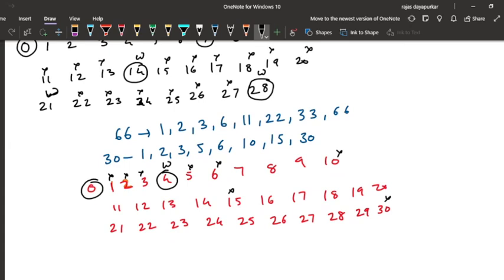So that's 20. 20 is a winning position according to the rule of multiples of 4. So 7 and 8 are losing positions? Yes. No, not 8. 7, okay. 8, we'll see.